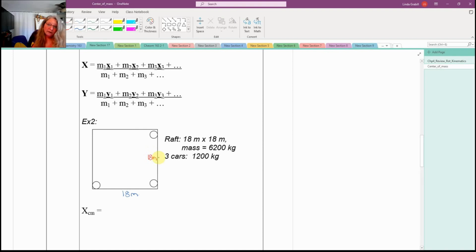The trick here is I can define my axes anywhere. So long as I stay consistent, I will find the point on that axis relative to all of these masses, which are cars in this case, and I will get the same answer no matter what axes I define. So you choose one. What's going to make your life the easiest?